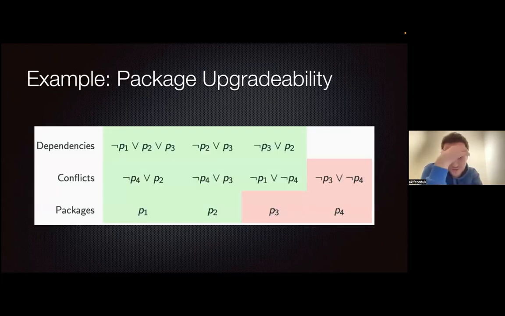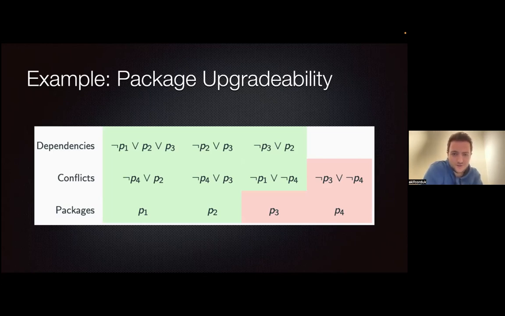So we came back to this package upgradability example. Here we saw that this is not satisfiable, but what is the maximum number of packages that we can contain in a system among these 4 packages? What is the assignment such that we can have a maximum of them in the system? This is a problem for MaxSAT, which will satisfy most of the clauses here.